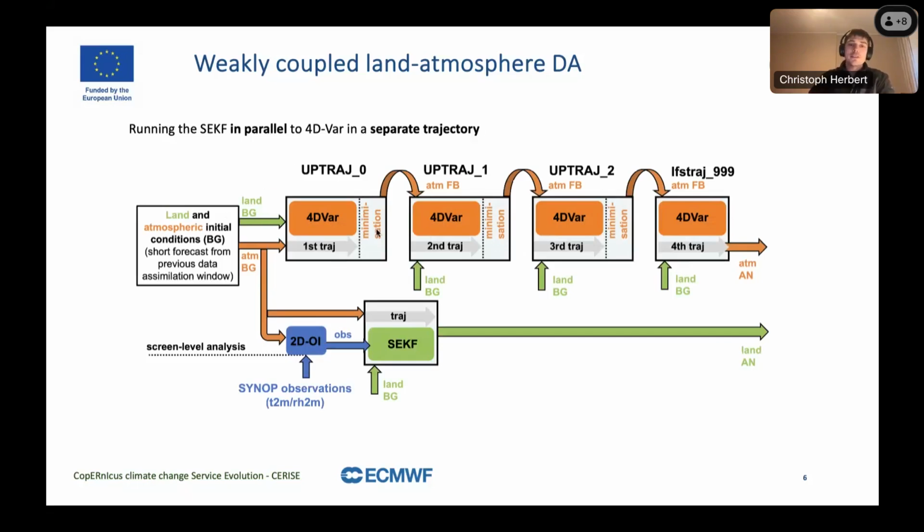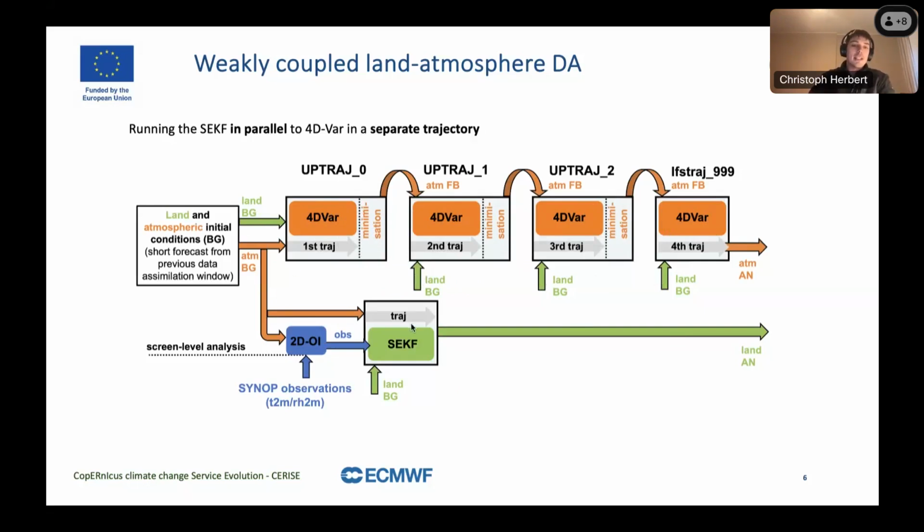So we have the atmospheric assimilation, which is 4D-Var, and this is just running different outer loops. It's the same data assimilation window, so it's not the time here. So it's different outer loops, and we have 4 different trajectories or coupled models we are running, and the importance here is they're all based on the same land initial conditions.